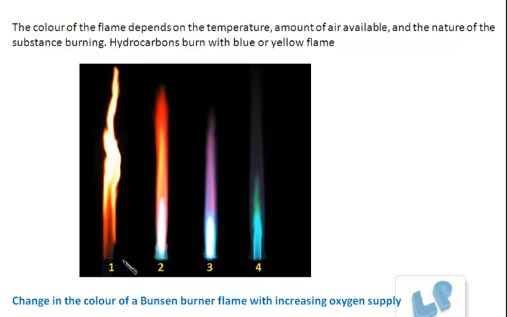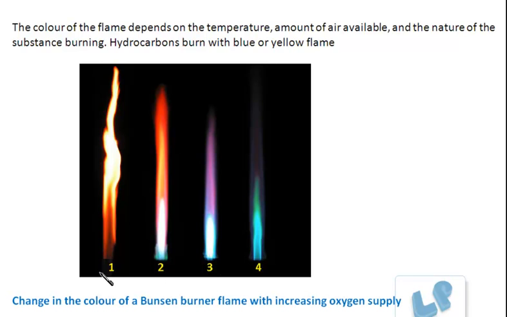Now here, see, with the increasing oxygen supply, this is incomplete combustion. In this case here, the combustion is complete, whereas rest of them, the combustion is incomplete. In this case also, the combustion is complete till here. And in this case, the combustion is complete throughout the flame.